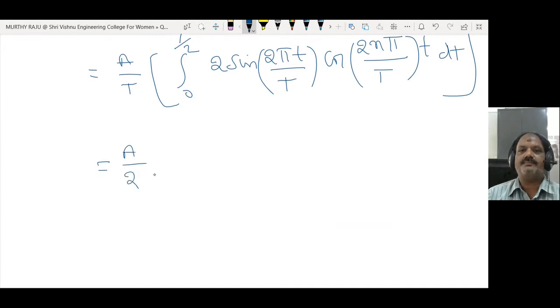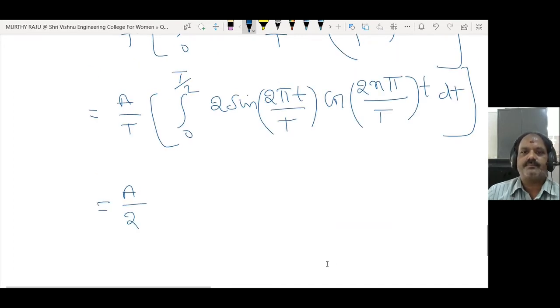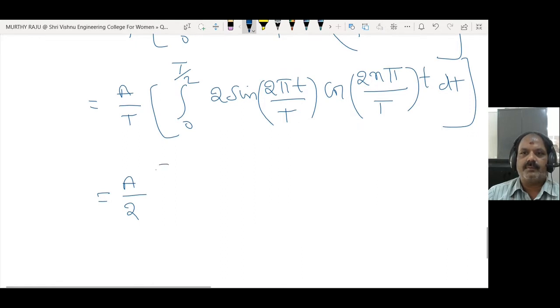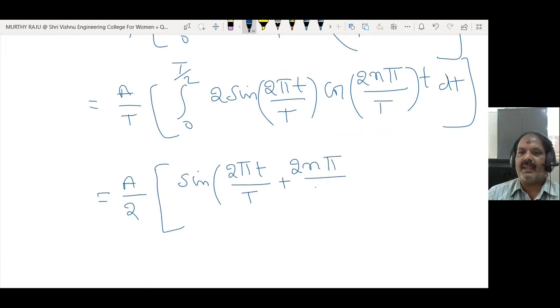That is equal to A by 2, where sin A is 2 pi t by capital T and B is 2n pi t by T. This one is integral 0 to T by 2 of sin(A plus B), plus sin(A minus B).